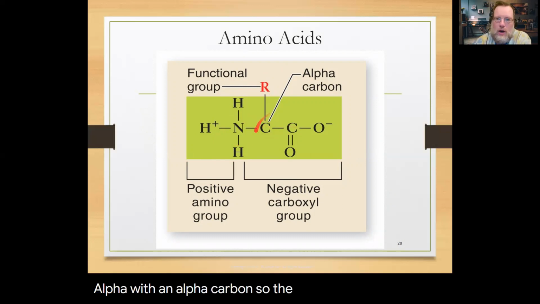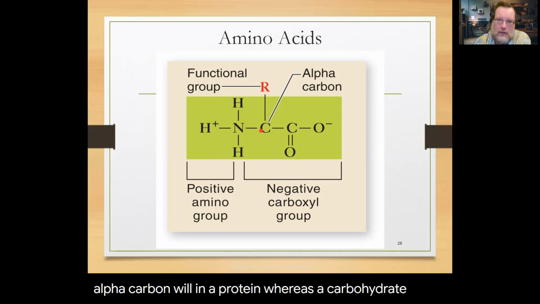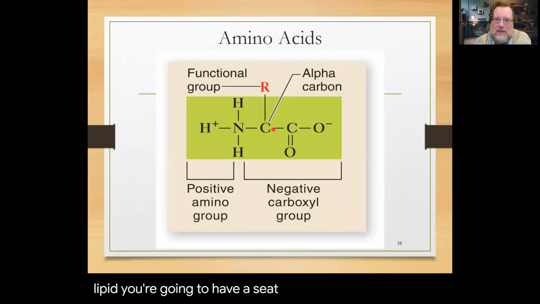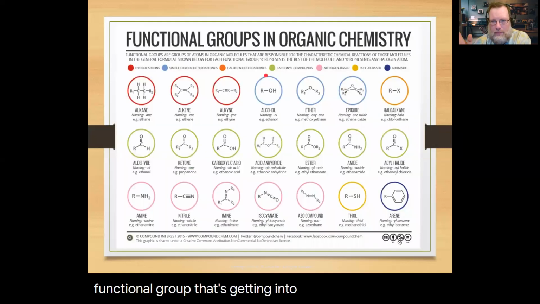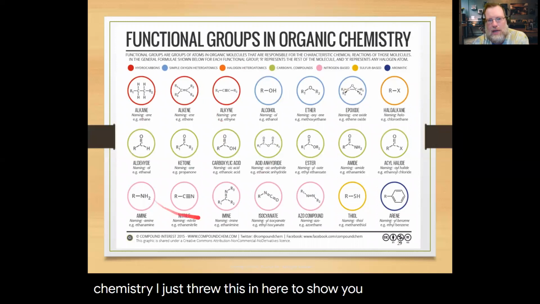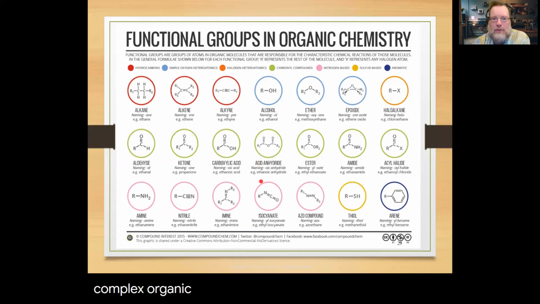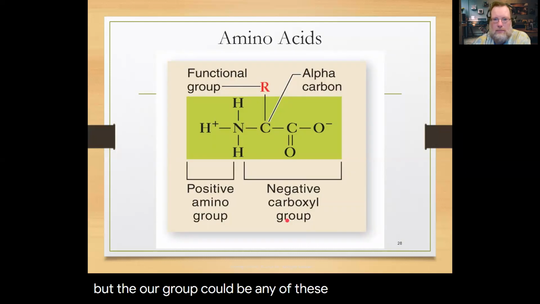The central carbon, or alpha carbon, will have an N with it in a protein, whereas in a carbohydrate and a lipid, you're going to have a C attached to the alpha carbon or an H, but not an N. And then this R group or functional group, that's getting into deep organic chemistry. I just threw this in here to show you just how complex organic chemistry is, in case you were wondering. But the R group could be any of these attaching right off of the central carbon.